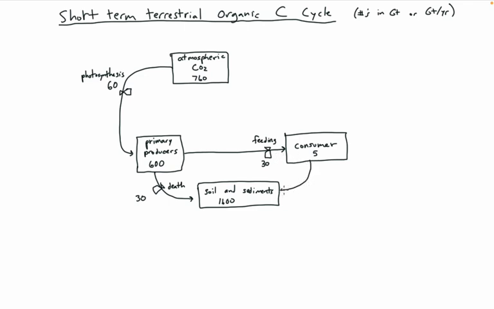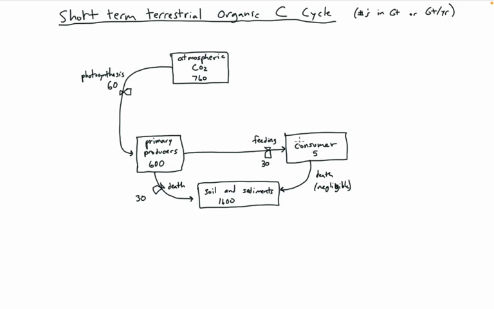And they end up in the soil and sediments. But this process is actually negligible. There's not enough to really count in terms of the numbers that we're using in this diagram.